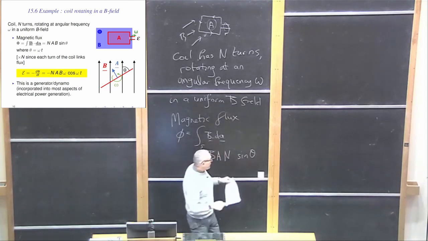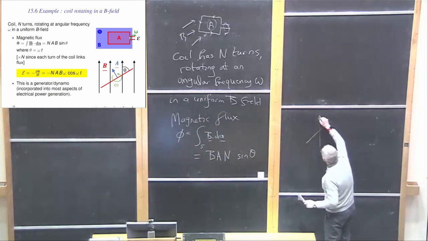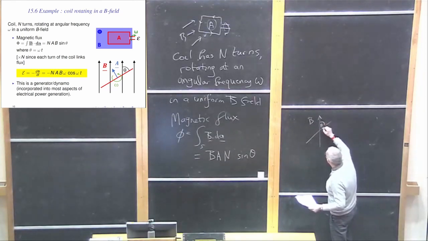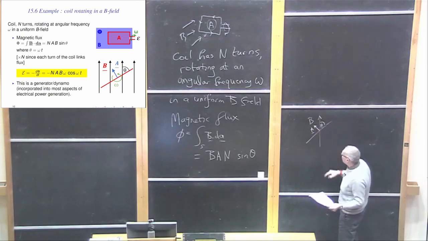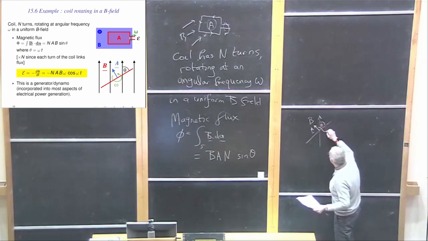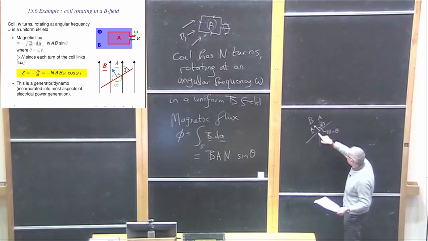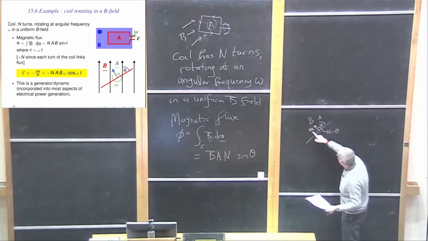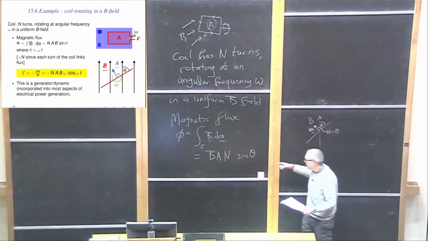Here's the diagram. Here's B. Theta is like that. A comes out in that direction, so this here is 90 minus theta. When I do the dot product of dA with B, I get a sine theta term.